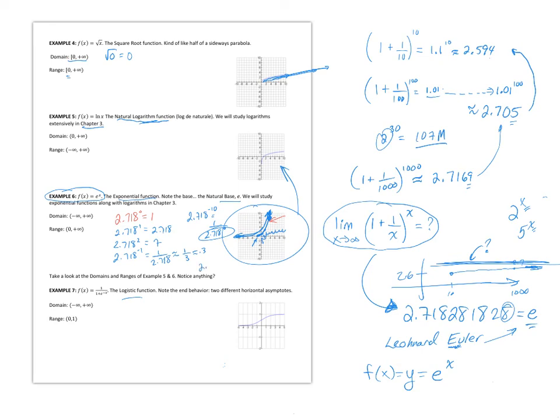Let's say x is negative 1,000. 2.718 to the negative 1,000th power is 1 over 2.718 to the 1,000th power. Now, that is a really big number, but your numerator is not 0. Your numerator is 1. So I don't care if this turns out to be 37 cajillion. You have 1 over 37 cajillion. So it's not 0. So there's the typical exponential function.